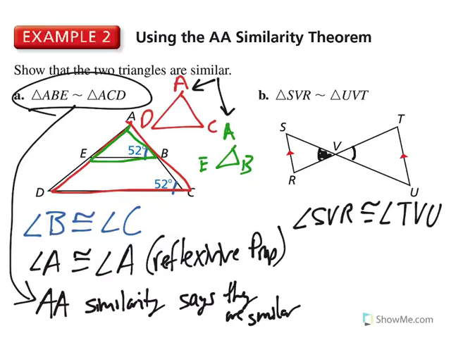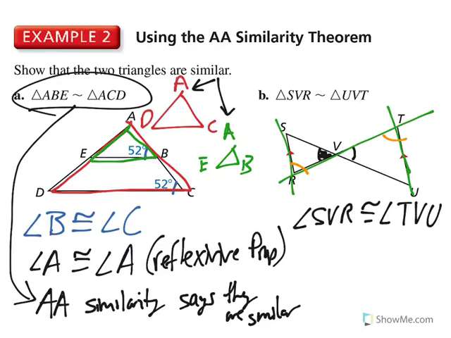And then think about this line being these parallel lines being cut by a transversal. And we always have our angles that come off of our transversals. Those are our alternate interior angles. And those two angles are always going to be congruent as well. So I'm going to have these two angles here.